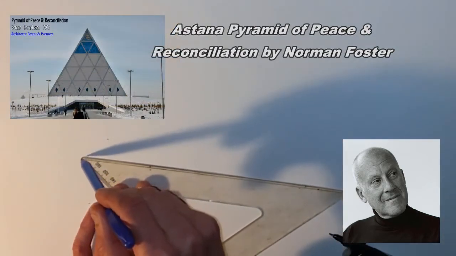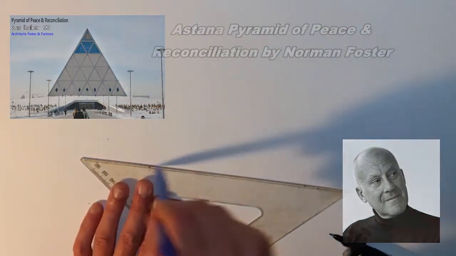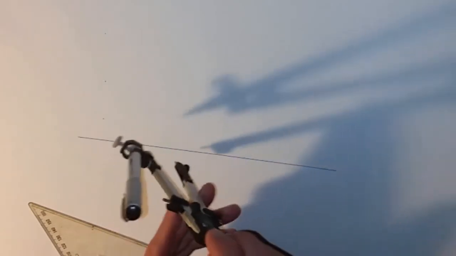So if we begin with construction lines, make sure I'm in camera, okay. And then we're going to draw a vesica, 2 circles, very simple.